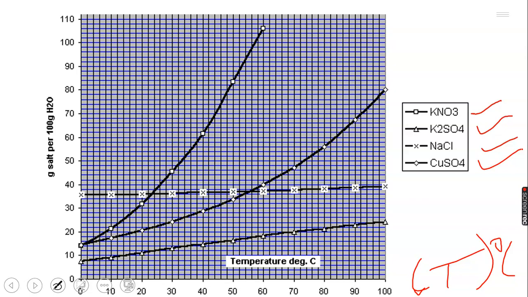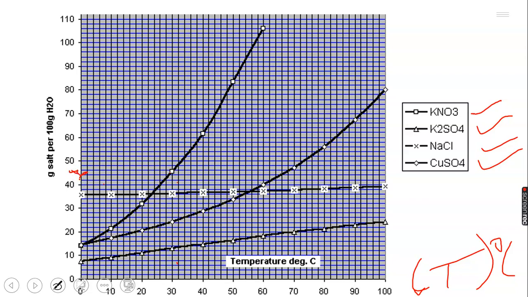At 30 degrees Celsius, if you trace it up here, you see the solubility of potassium nitrate at this 30 degrees will give us something around, each line represents 2 grams, whichever way you want to put it. So here you have something like 46, right?